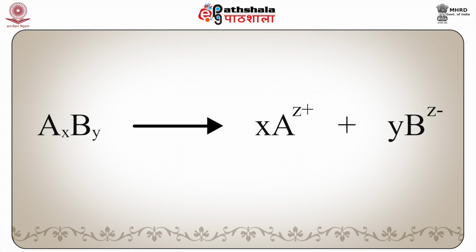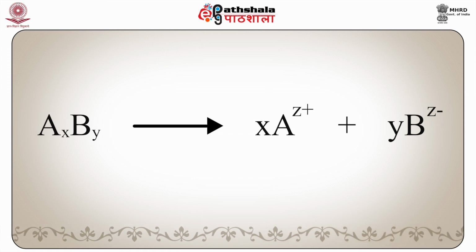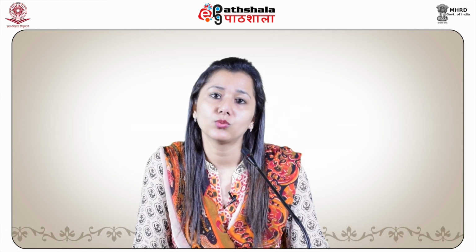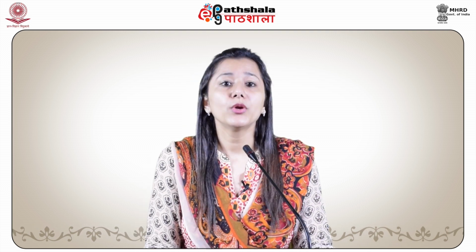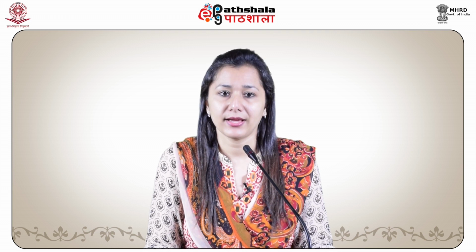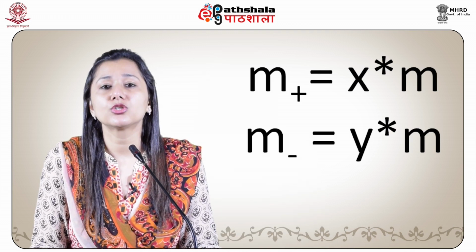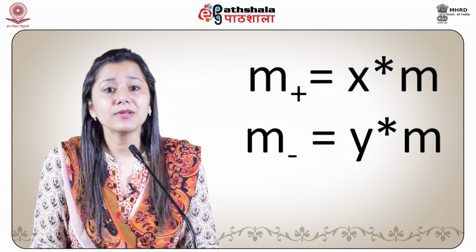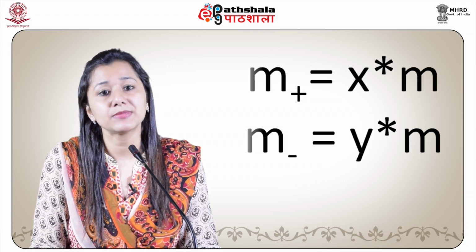Let nu denote the total number of ions, therefore nu is equal to x plus y. We also define stoichiometric molalities of each ion based on the analytic molality of the solid electrolyte M. M+ is equal to x times M and M- is equal to y times M.